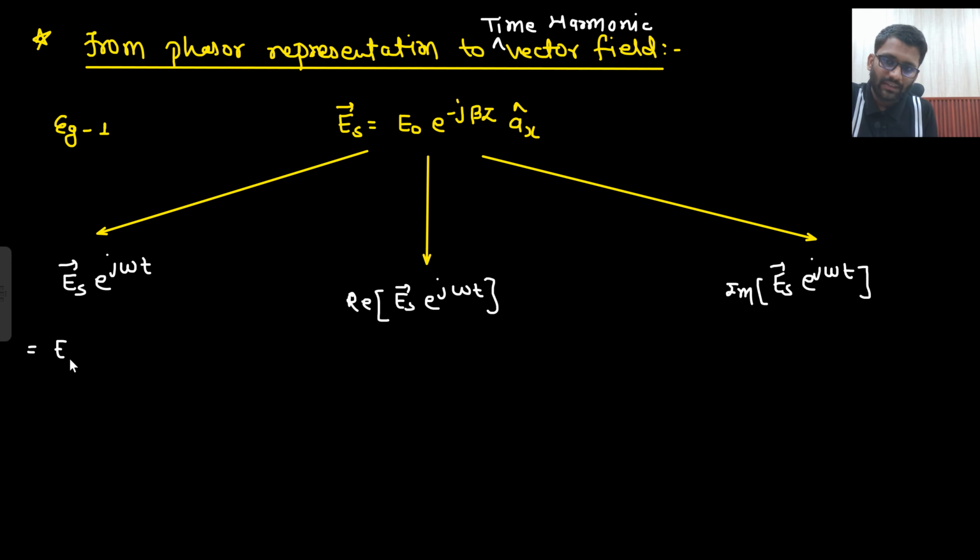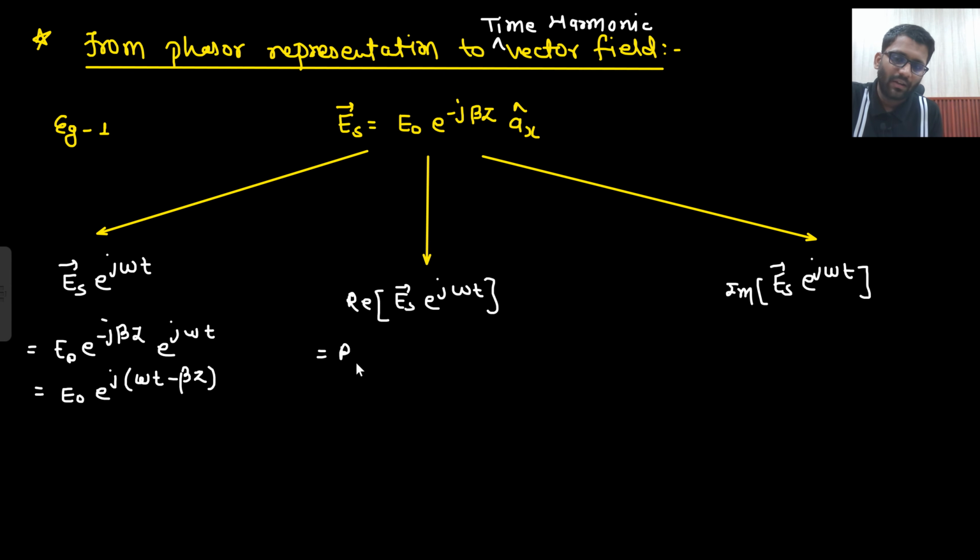What is my E s? E s is E naught e to the power minus j beta z. So basically this will be e to the power j omega t minus beta z. From here, what you are going to get? The real part of E s, E naught e to the power minus j beta z. Ax cap is also there.